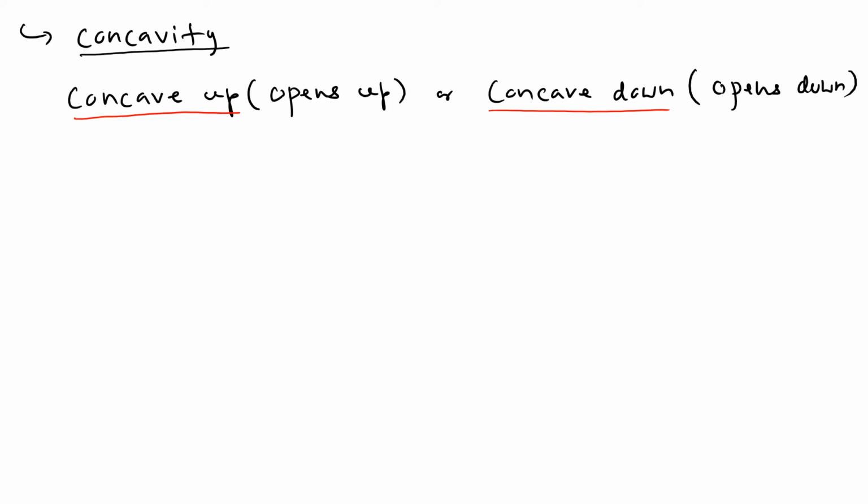So our general equation is f(x) equals, let's say we're going to talk about a very special case right now, ax squared, so we do not have b or c. What the b or c does: b is going to change the graph horizontally, and c is going to change the graph vertically.